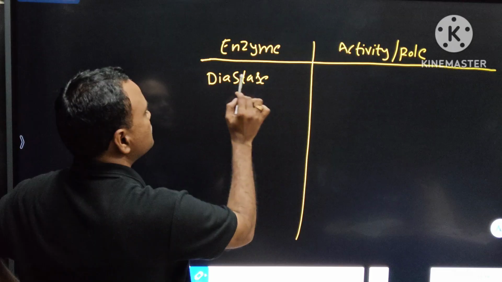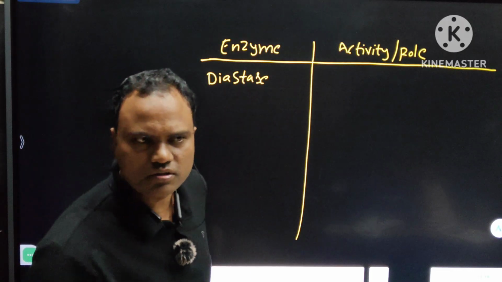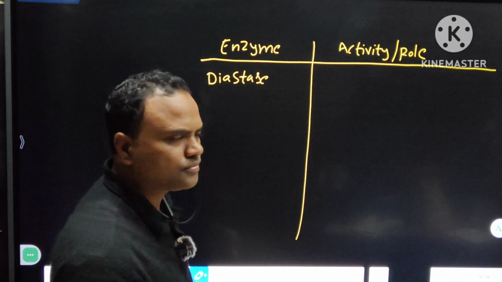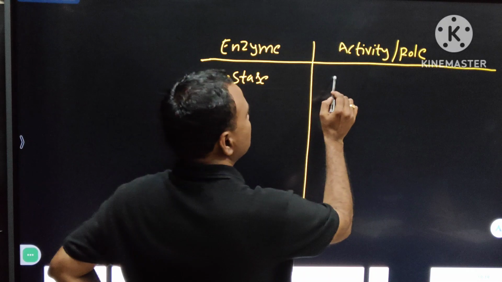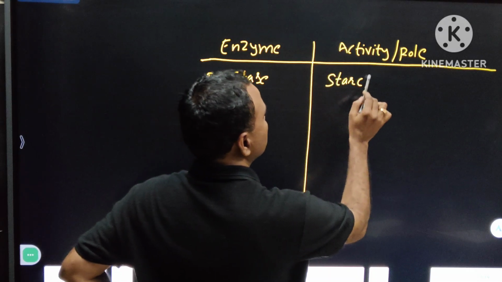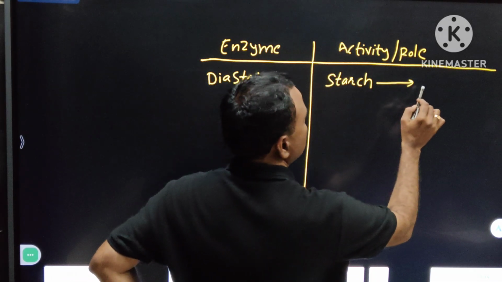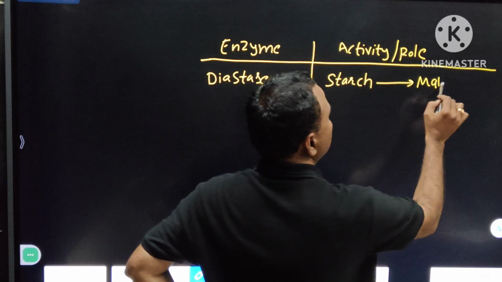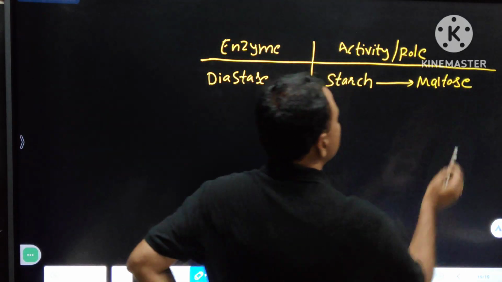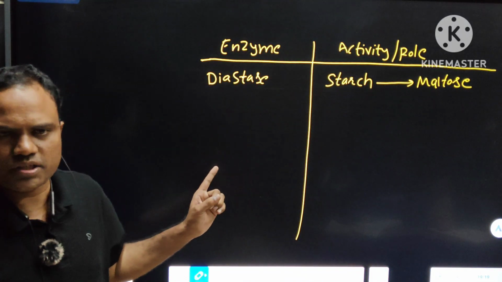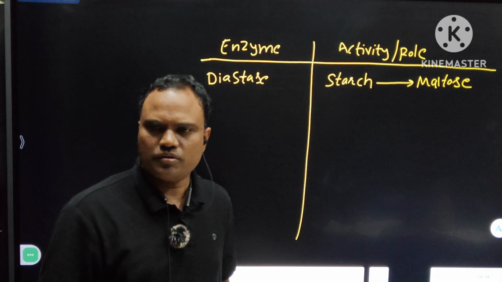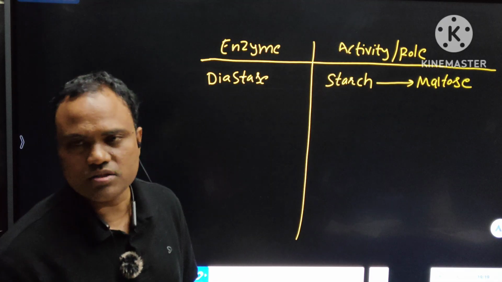Diastase, enzyme diastase. Where have you seen this diastase? Starch to maltose, in carbohydrates. Which enzyme is used?